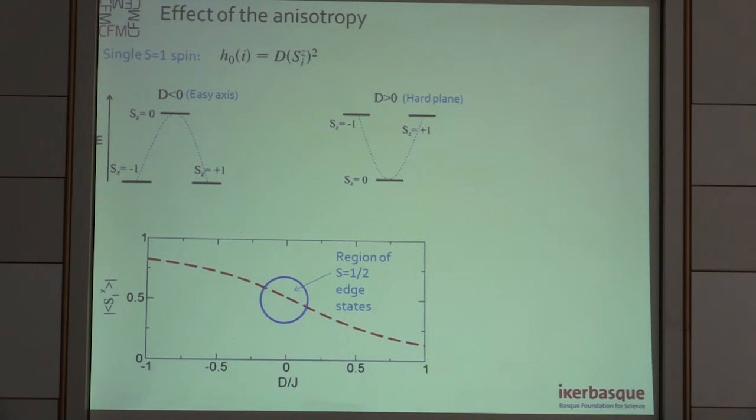So if we study how the local magnetic moment at the border of the chain changes with the magnetic anisotropy, one finds that it deviates from the hypothetical 1/2 value as one increases the value of the longitudinal magnetic anisotropy. So for positive D, it tends to 0, as it would be the case of a single magnetic atom, while for negative D, it will tend to 1.